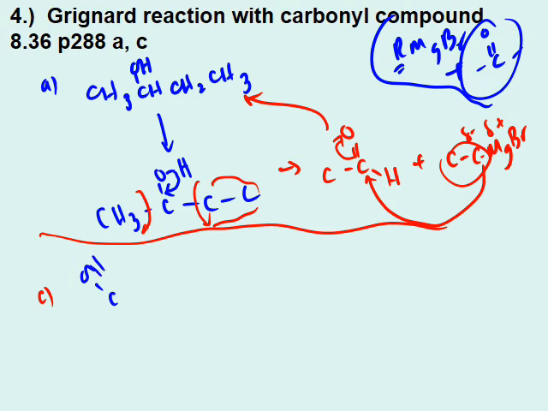This is the final product you need to end up with. This is the alcohol, and that's one benzene ring. There is a second benzene ring, and there is a third benzene ring.